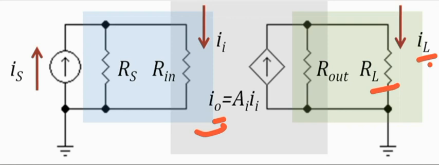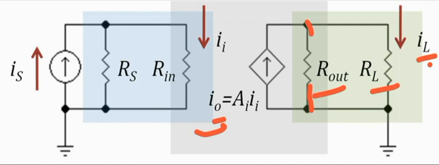The whole current flowing through the load should be what is available at the output of an amplifier. So R out here represents an output resistance of an amplifier, and that should be ideally infinite. That should be very high, ideally infinite. So if it is infinite, it can be represented by an open circuit.